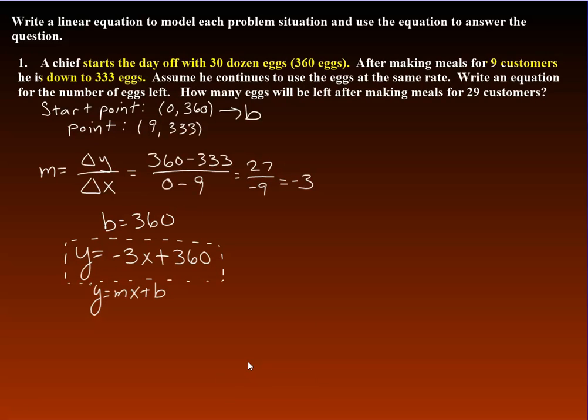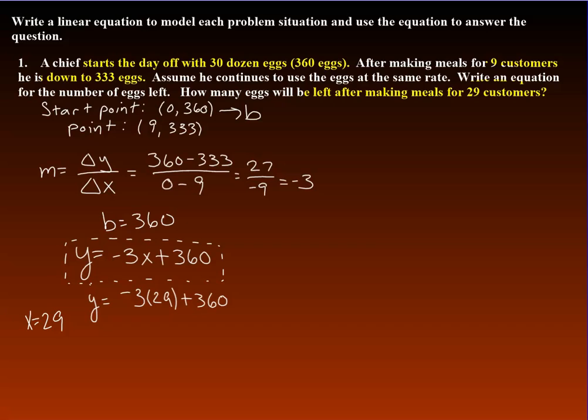now we can answer the question. How many eggs will be left after making meals for 29 customers? All we're going to do now is replace x with 29. So x equals 29. We have y equals negative 3 times 29 plus 360. You can use a calculator to do this.